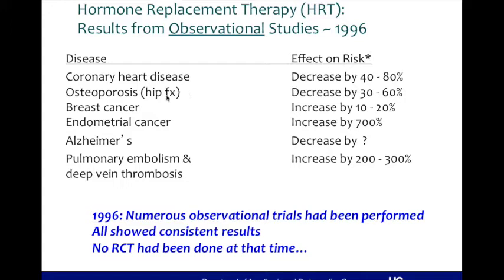They felt that this was having a decrease of 40 to 80% on coronary heart disease, decreasing bone fractures. There was, at some expense, an increase in breast cancer and endometrial cancer, but there was the thought that this also may even have a positive impact on preventing Alzheimer's disease. So there were lots of observational trials performed, and the results were pretty consistent. But up till about 1996, no randomized control trial had been done.